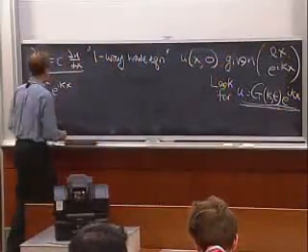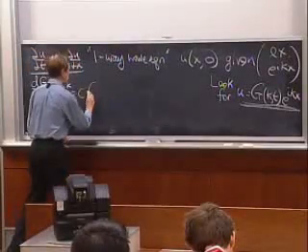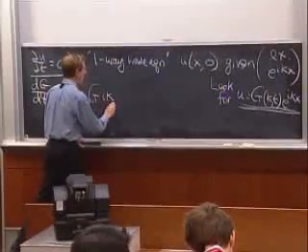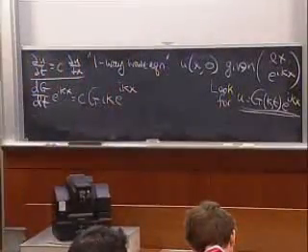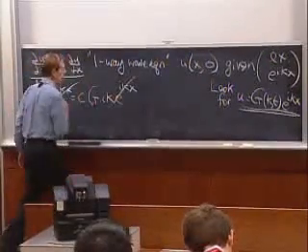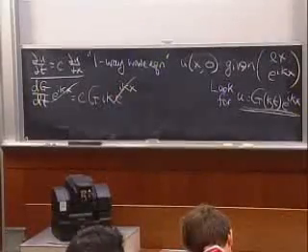What do I get on the right-hand side? c, the x derivative. So that's just g. The x derivative will bring down ik e to the ikx. No surprise that I can cancel e to the ikx, which is never 0, and I have a simple equation for g.